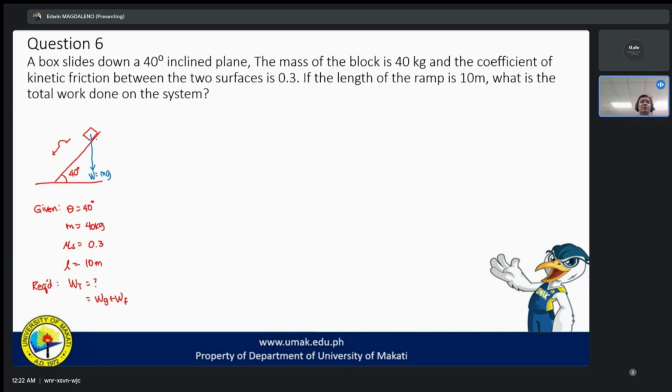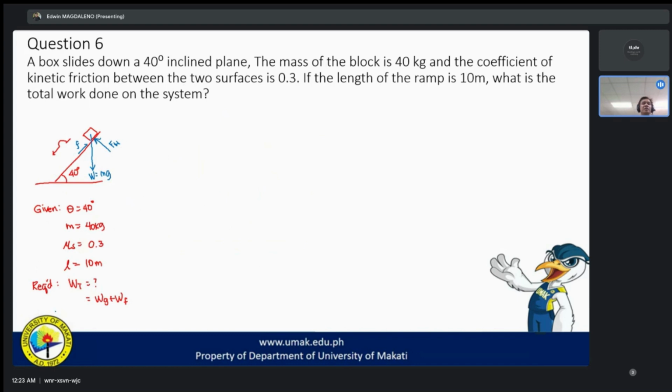Next is the normal force, which is always perpendicular to the surface in question. Then we have frictional force, which is always against motion. So motion natin is downward. Frictional force is upward. In this case, this is sliding friction, so this is kinetic friction. Okay. So there are no other forces. We don't have any other applied force on the object.